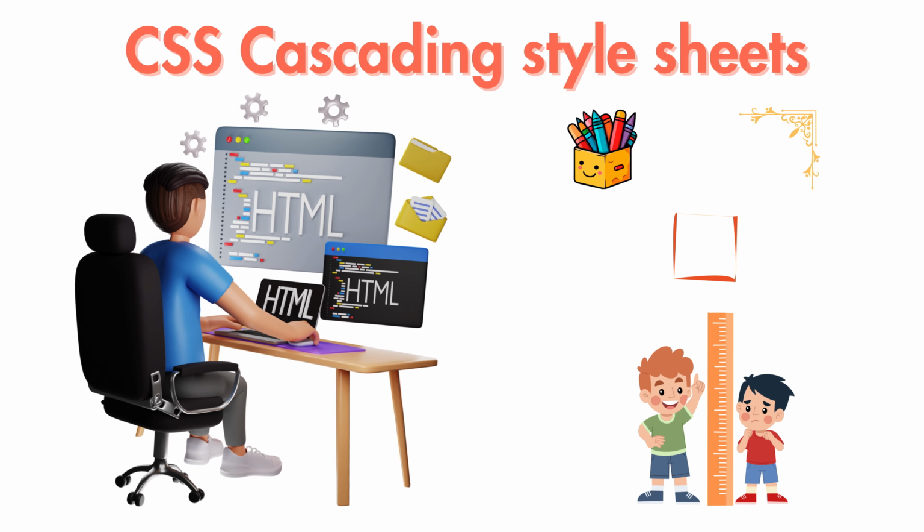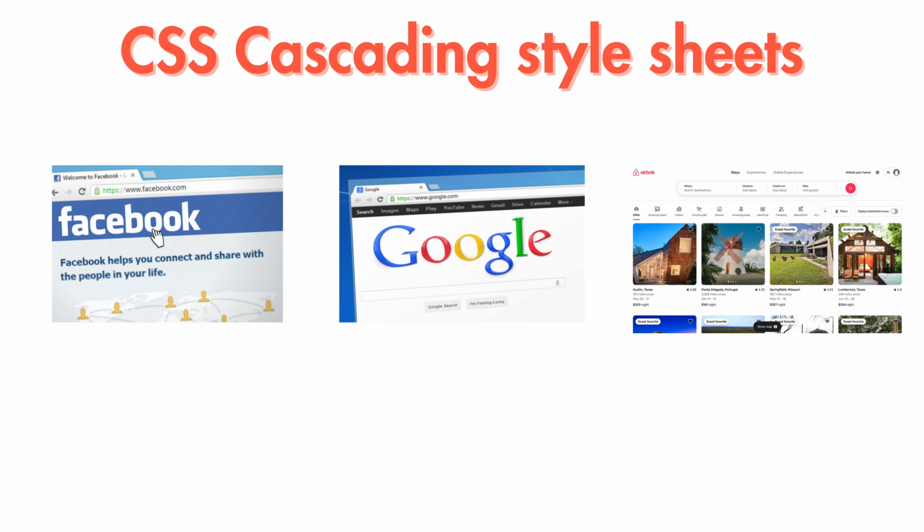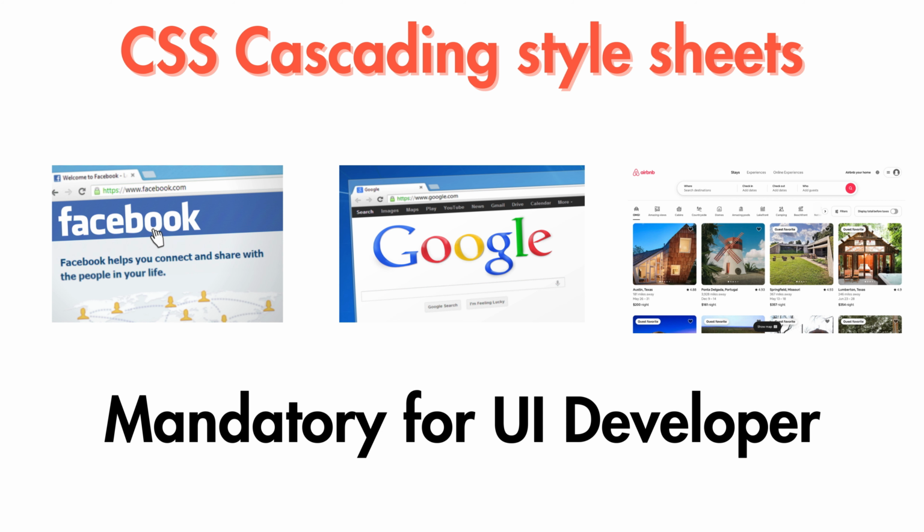If you navigate to any modern application like Facebook or Google or Airbnb, all the colors and the text and the styles are developed with CSS. If you want to become a UI developer in 2024, you must understand all the CSS classes and the possible ways to style the HTML components, and align them and style them.